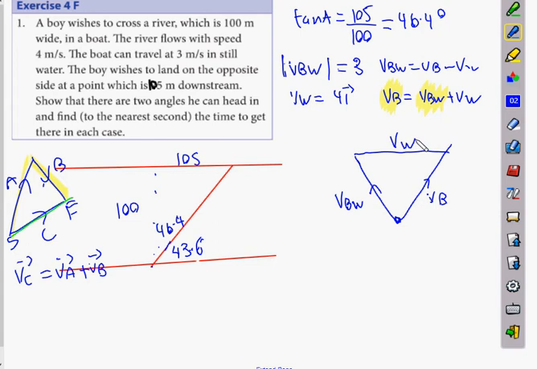I'll show you the other one, just to show you that you can't go wrong with this. I can choose VB, and I can choose VW. In a case like this, where I choose VB, VB will go this direction here. VW will go this direction here. And we're imagining that VW will probably be the biggest one because it has a larger speed than the boat in water.